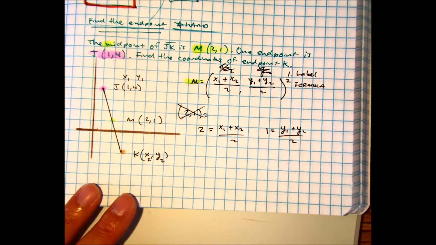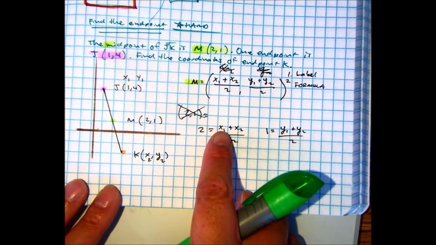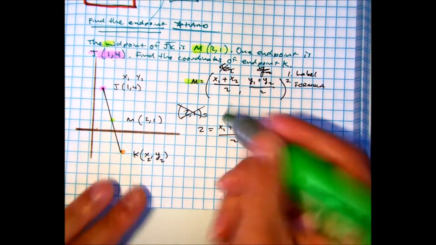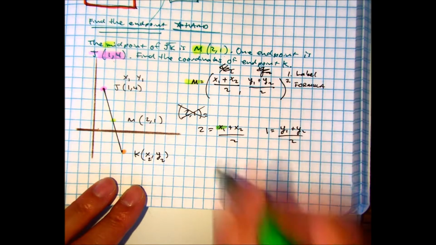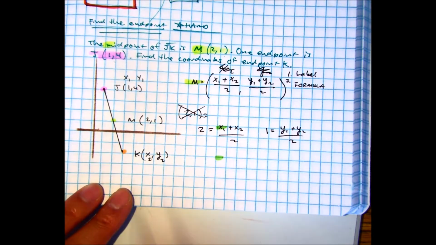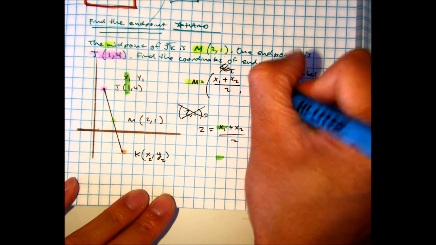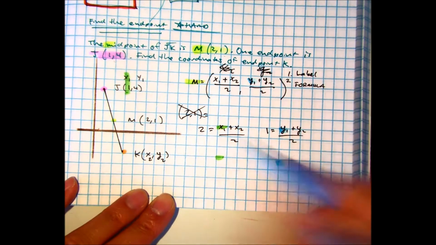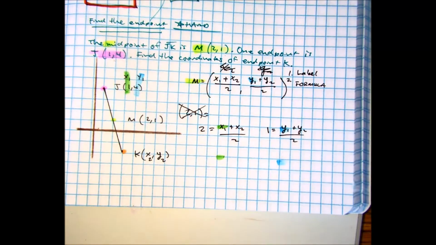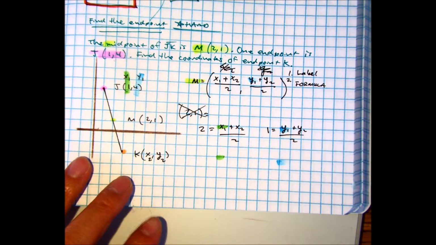Now if I come over here and look, we have an x1 value. Class, what is our x1 value? 1. That's 1. Do we have a y1 value? Our y1 value is 4. So let's go ahead and substitute those in.